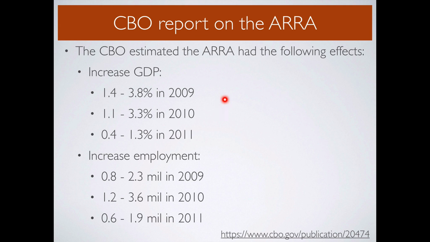Okay, so these elements are part of the effects of the stimulus. And then we had effects on employment as well: between 0.8 and 2.3 million in 2009, between 1.2 and 3.6 million in 2010, and between 0.6 and 1.9 million in 2011.